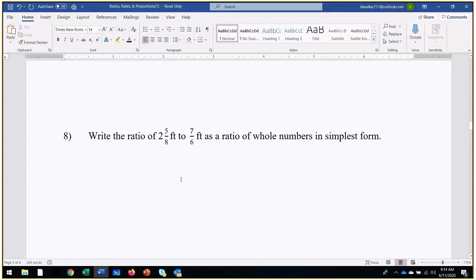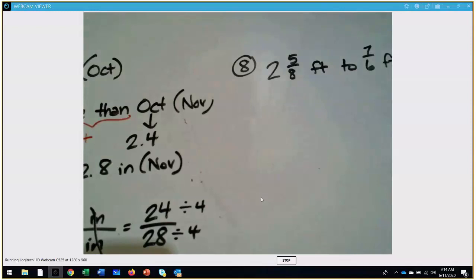Write the ratio of 2 and 5/8 feet to 7/6 feet as a ratio of whole numbers in simplest form. So let's take a look.